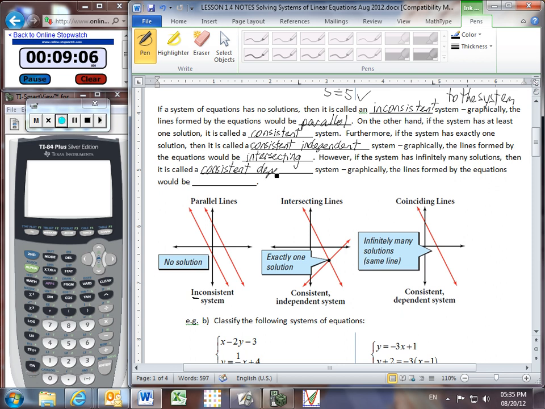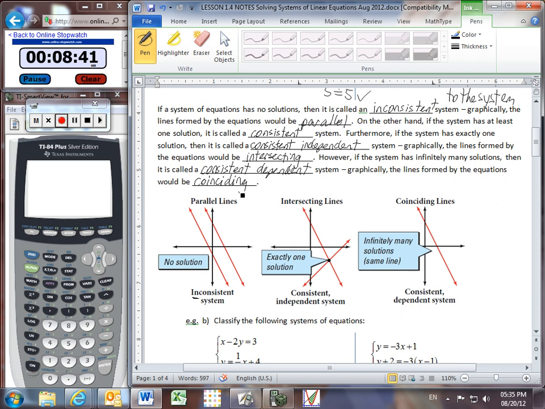It's of course dependent system. And graphically, the lines formed by the equations, if you imagine two lines where every single point on each of the lines is a solution, that is to say, a place where the two lines are intersecting, obviously the lines are overlapping, aren't they? And we call this coinciding lines.